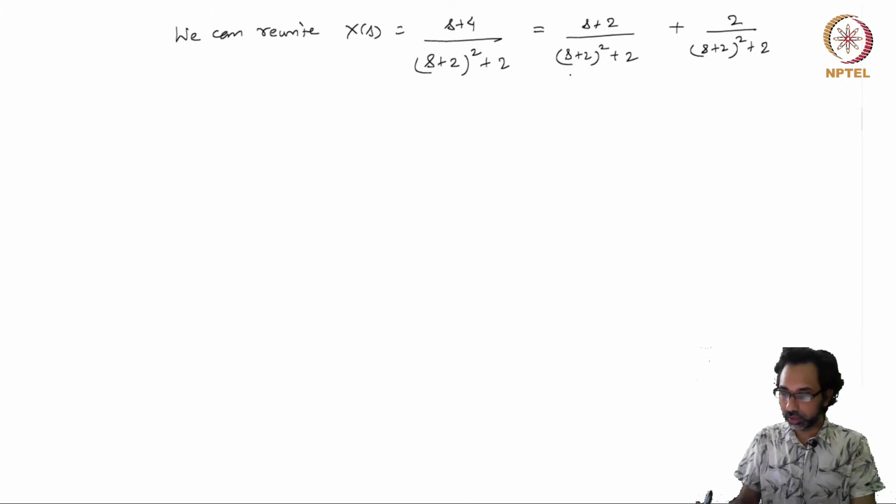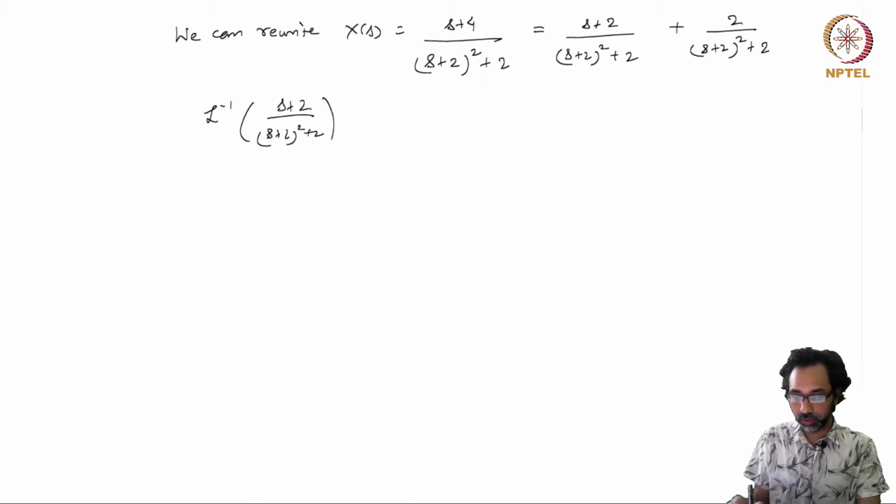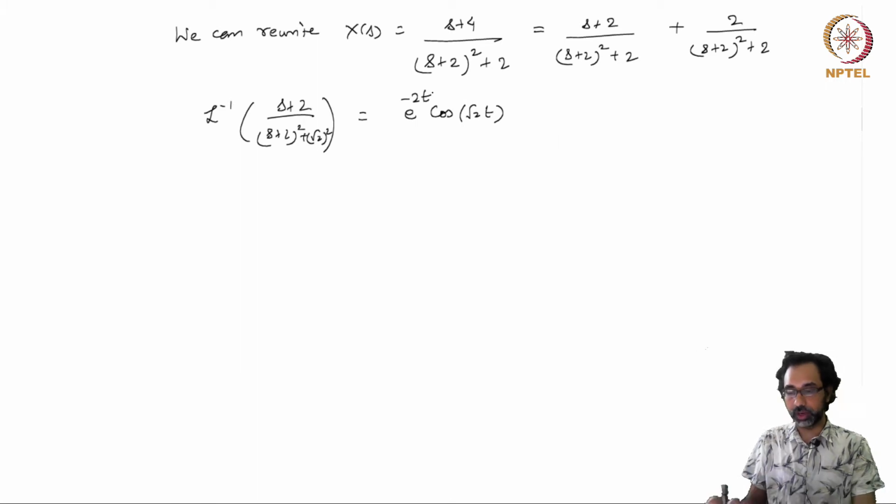Now these two terms in the sum can be easily inverted, and the inverse Laplace transform, for example, for the first term, (s plus 2) over (s plus 2) whole square plus 2, which is nothing but (s plus 2) whole square plus root 2 square, is cosine of square root 2 t, and there is a shift of e to the power minus 2t.